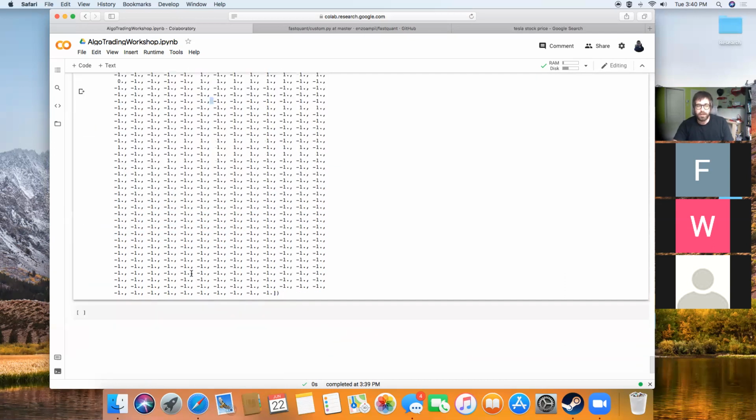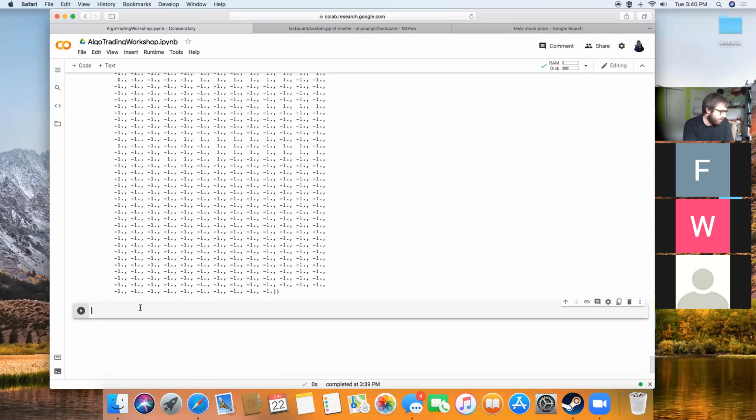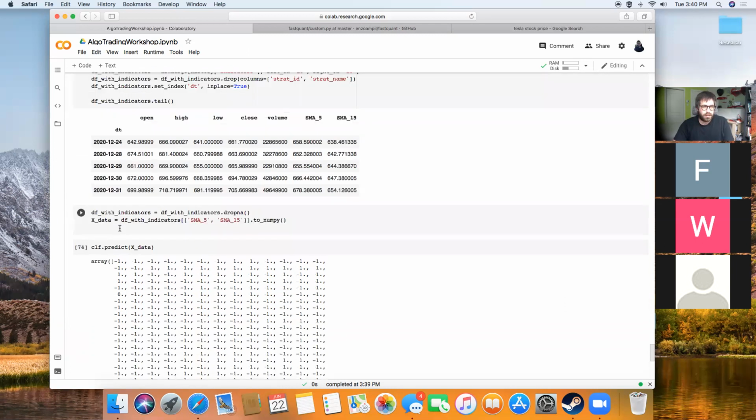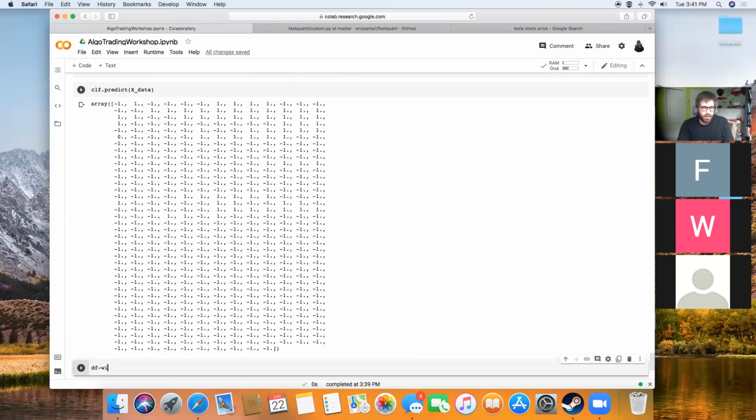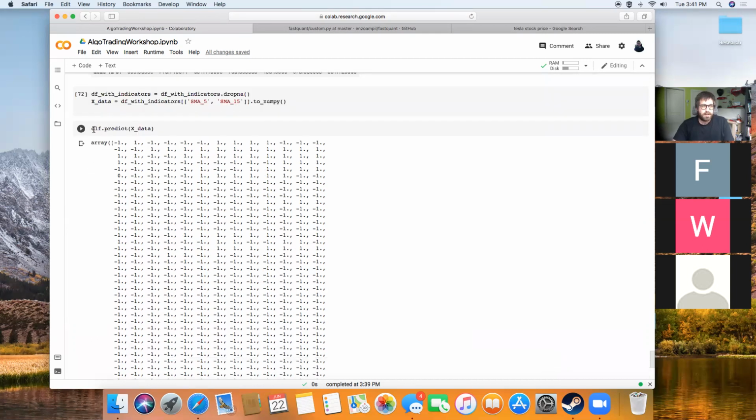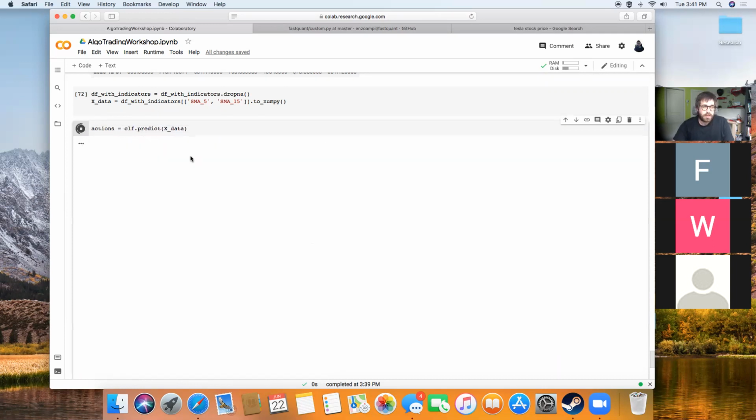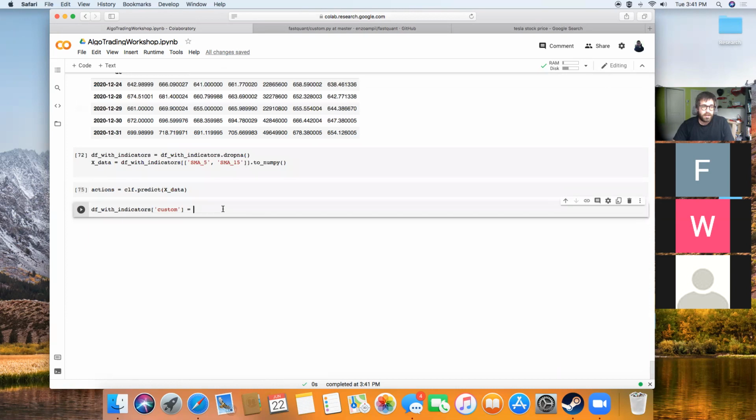We just match it. So now, what did I call it? df with indicators. So I'll create a column called custom, and okay, let's save the data here with our prediction. So actions. Okay, so this custom will have the values of actions.